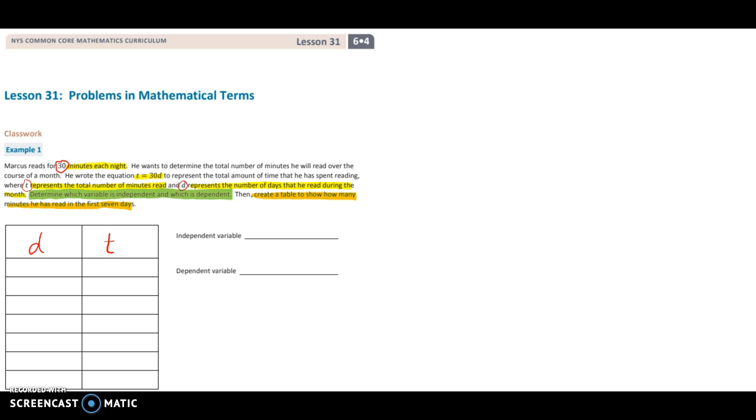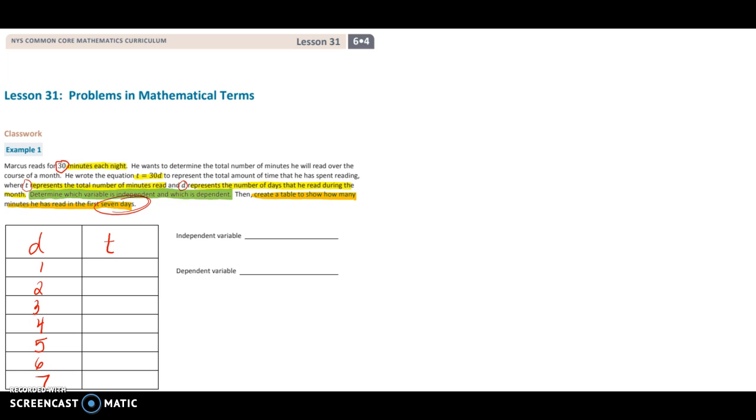T equals the total number of minutes that he read. So he read 30 minutes each day, and they want to know the first 7 days. So we have 1, 2, 3, 4, 5, 6, 7.